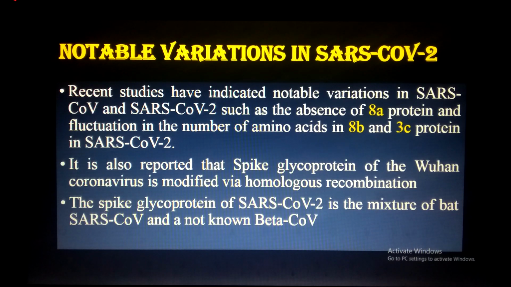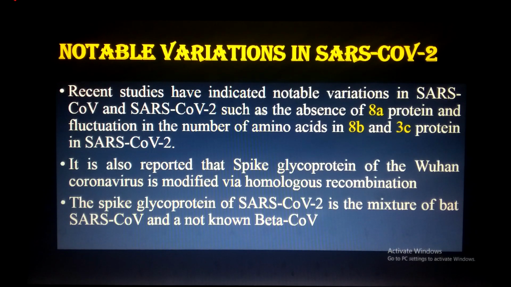As I have discussed, the RBD is the most important target for drug development. And as I have shown, between SARS coronavirus 2 and 1 there is a difference of about 7 to 23%, and 9 residues in the RBDs are conserved.